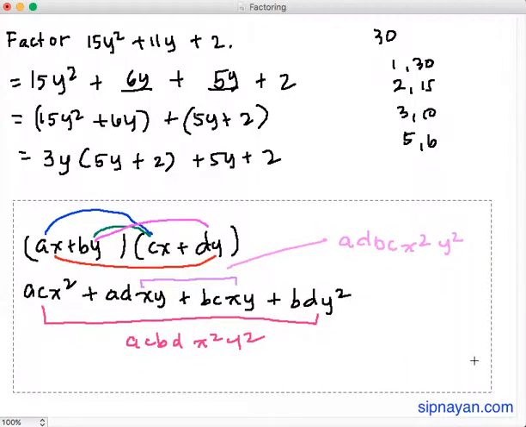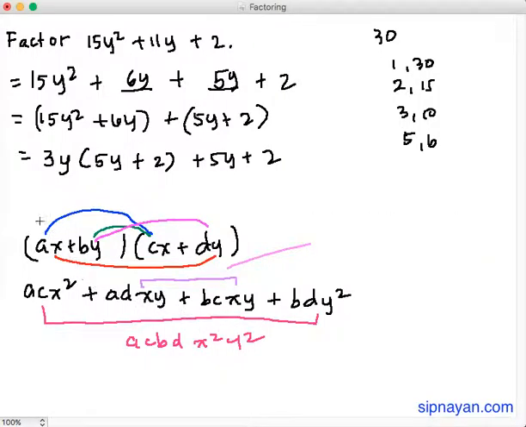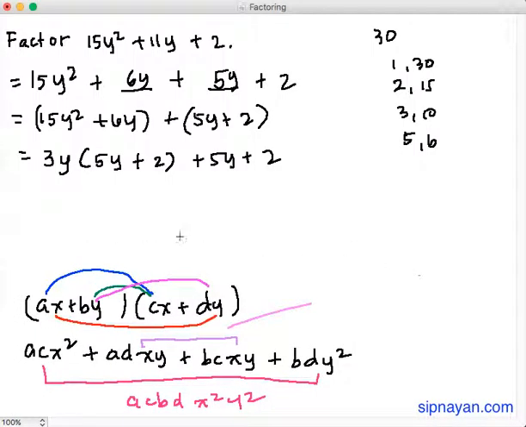Again, if you remember our previous lesson, we can represent the 5y plus 2 by some letter to make it easier to see, such as a capital letter A. So we have 3y times A, plus another group, which is also 5y plus 2, also the letter A. So I can factor out A, right? So it becomes A times the quantity 3y plus 1, because A times 3y and A times 1 is A, which goes back to this.